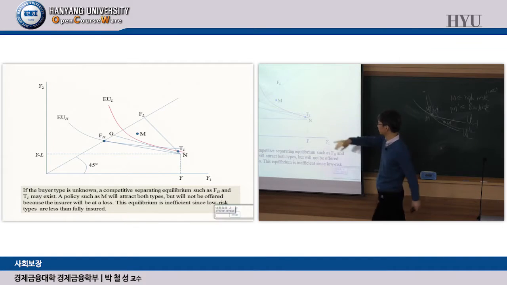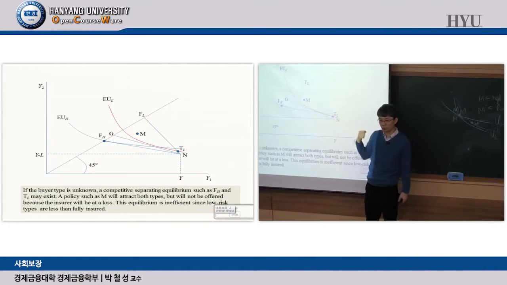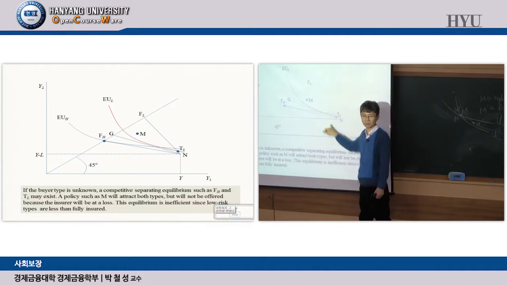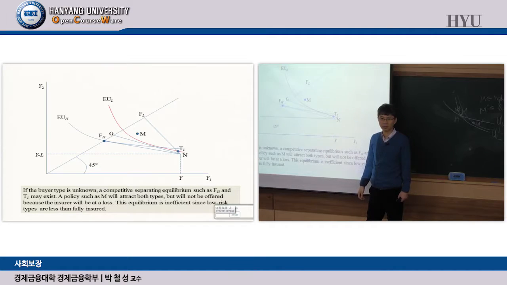What happens? Okay, now from the insurance company's point of view, if they sell this insurance here, they will attract high risk and low risk at the same time, right? Then they will lose money. So no insurance company wants to sell it above this line. 항상 좀 EUL이랑 EUH 사이에 있어야 되는 거예요, TA.